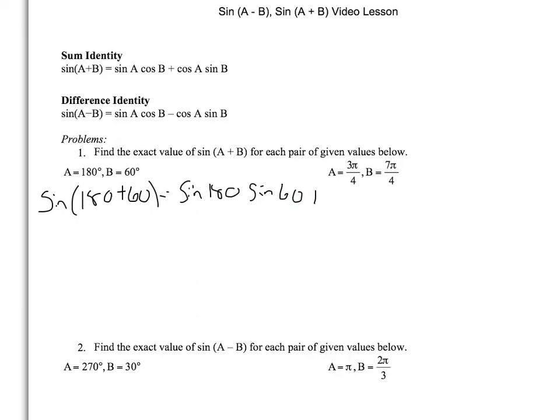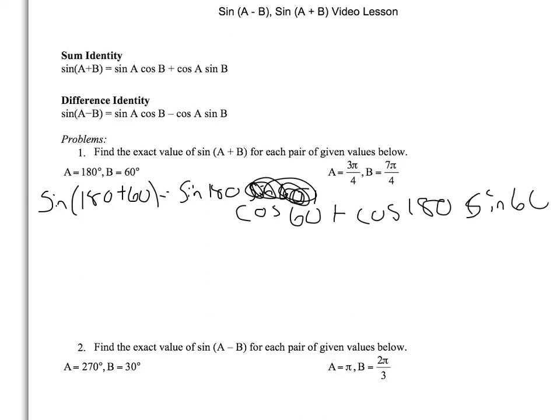Scribble it out. Cos 60 plus cos 180 sine 60. Making sure your calculator is in degrees, you type each one individually.